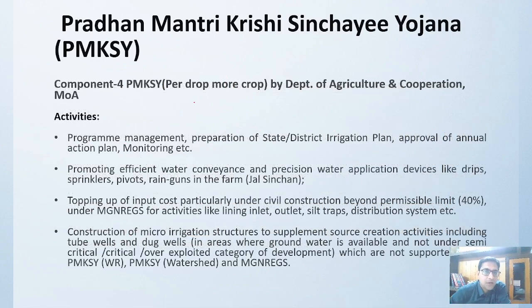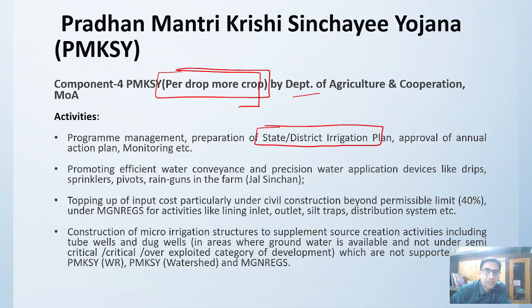And the fourth component is Per Drop More Crop, under the Department of Agriculture. This program's management has to be prepared through the state and district irrigation plan. Water efficient processes have to be used. How? For per drop more crop, we can go with precision irrigation techniques like drip irrigation, sprinklers, pivot irrigation and rain guns.